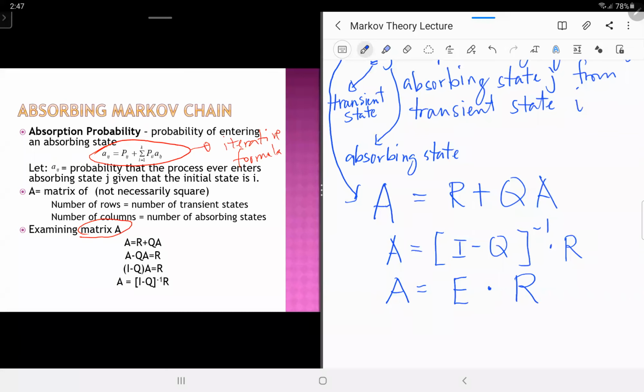matrix R. Okay, so take note that matrix E calculates the total number of times you pass by transient state J before getting absorbed.